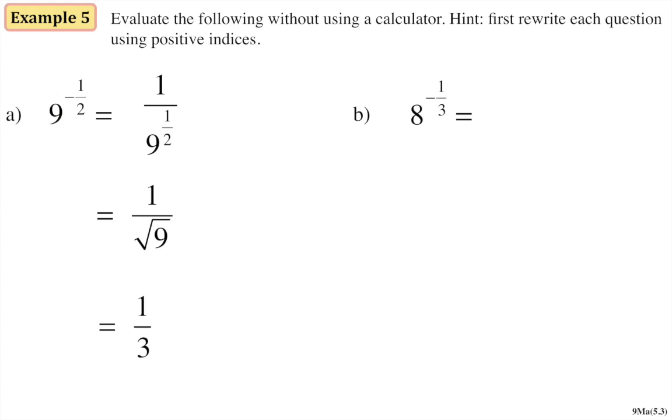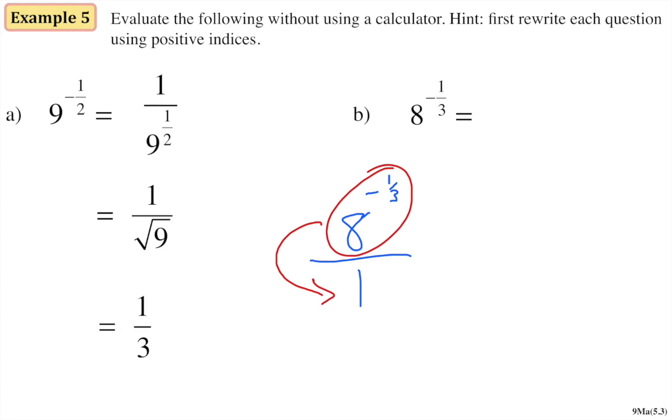Let's try it again. 8 to the power of minus 1/3. Well, remember, 8 to the power of minus 1/3 over 1, you move that across the fraction line, and that's going to be the same as 1 over 8 to the power of 1/3. Now what is 8 to the power of 1/3?